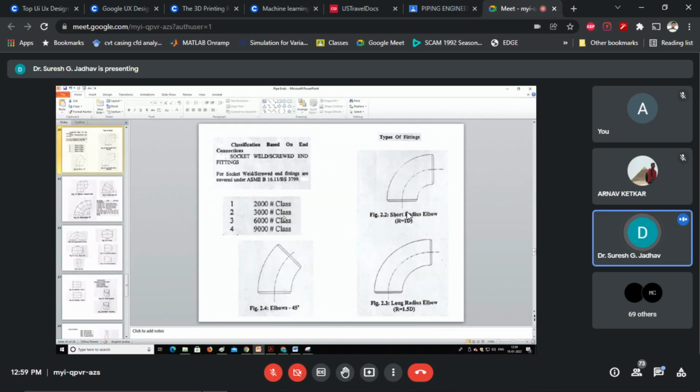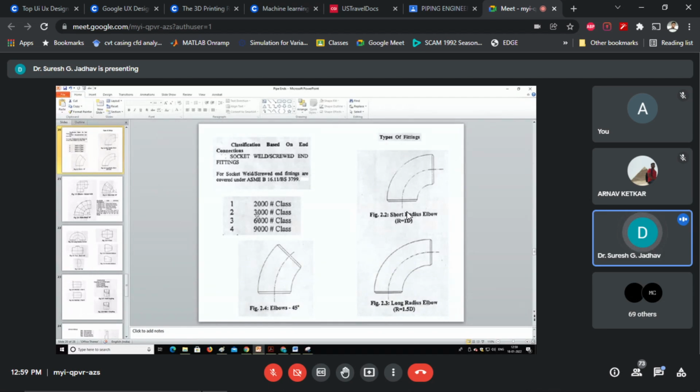Now next is the 6000 class. There is a pressure class 6000. This class is also applicable to both screw and socket weld fittings.